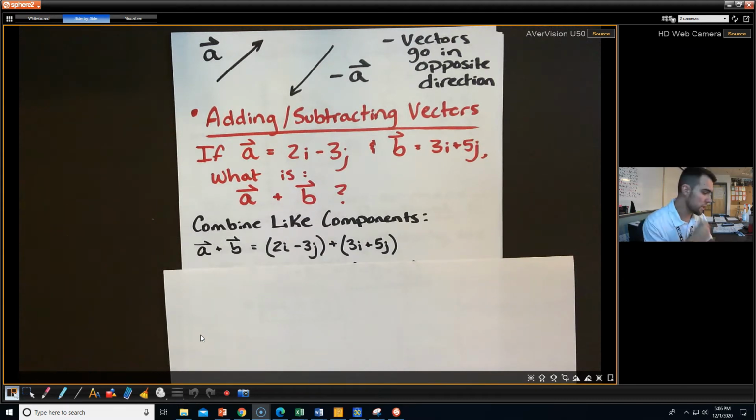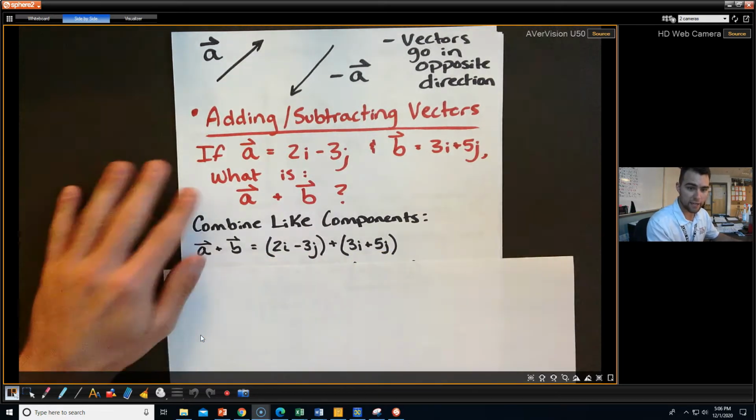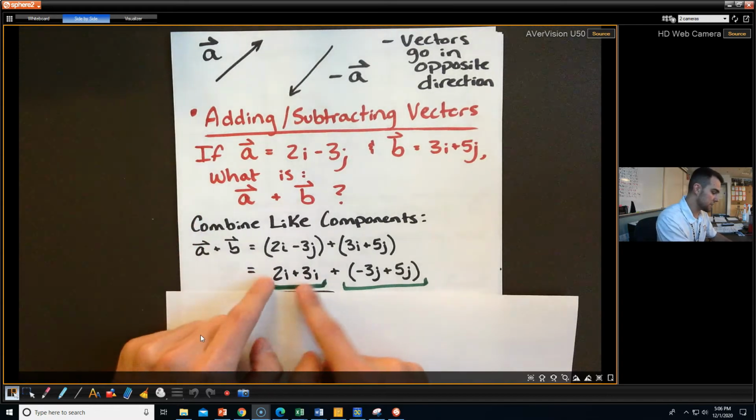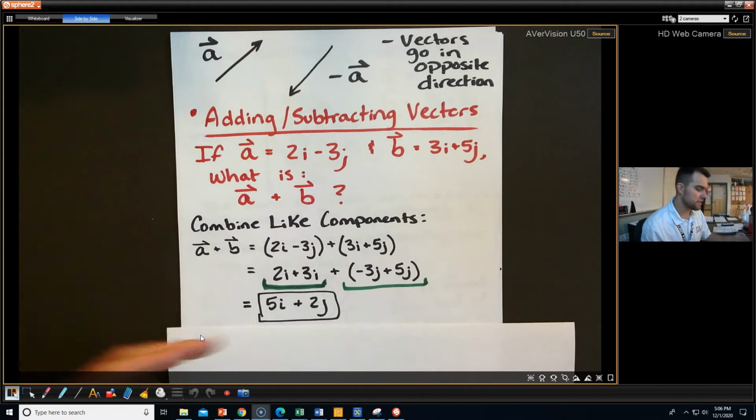So the i's are going to add together, the j's are also going to add together, and so what I did was I lumped the i's and the j's together, and you could see that right there in the green, and so we end up just getting A plus B vectors equals 5i plus 2j, and that's it.